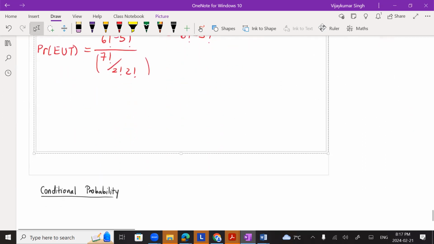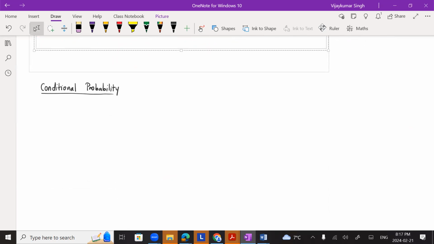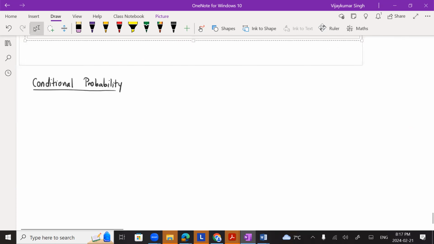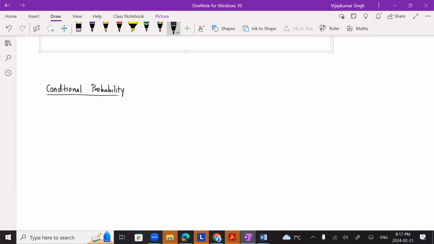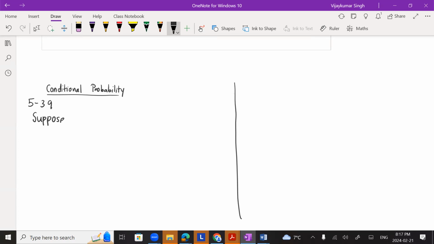Okay, so the next thing is we want to talk about conditional probability. Let me write down a problem, and that will motivate us. Exercise 5.39 is the following. Suppose we flip a coin 3 times.